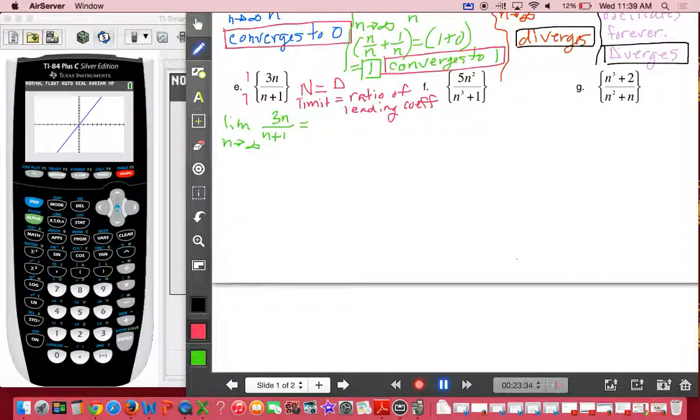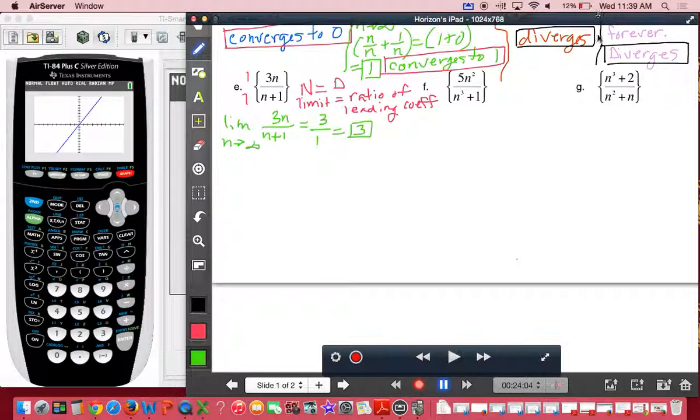So what is the coefficient of the leading term in the numerator? 3. And it doesn't matter what order the terms are in. It's the term that has the highest degree that's considered the leading coefficient. And so what is the coefficient of the n here? 1. And so the limit is actually 3, because there is a horizontal asymptote of y equals 3.